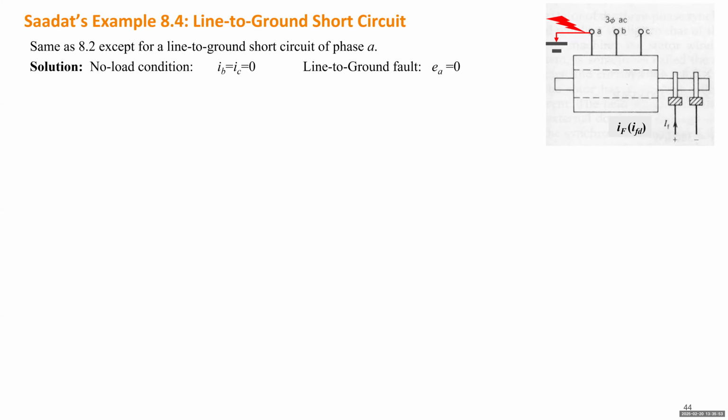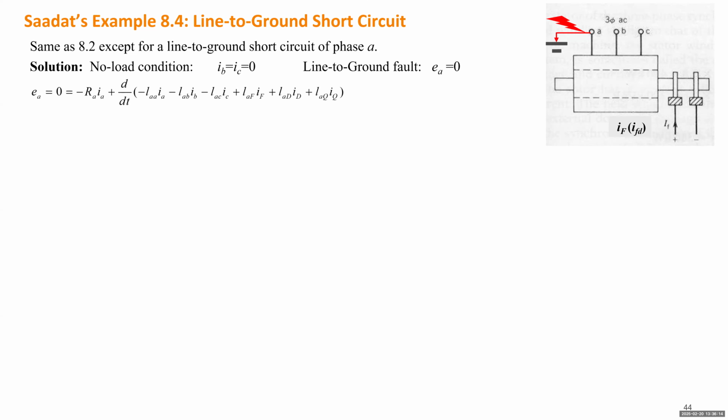Also, we consider no load condition, so the other phases will still have 0 current. For phase A, the voltage will drop to 0. Because this case is unbalanced, it may not be very beneficial to utilize the power transformation.